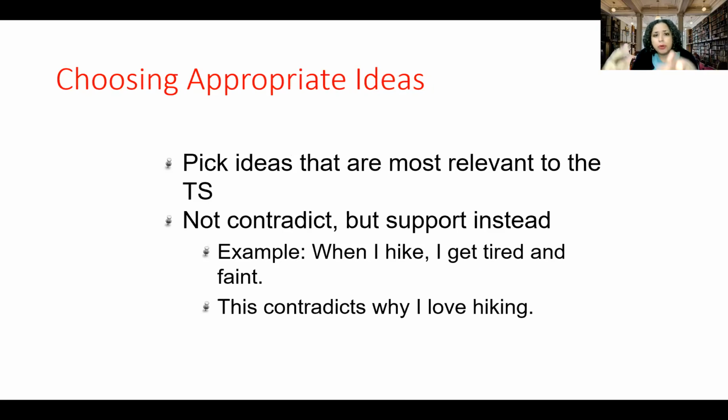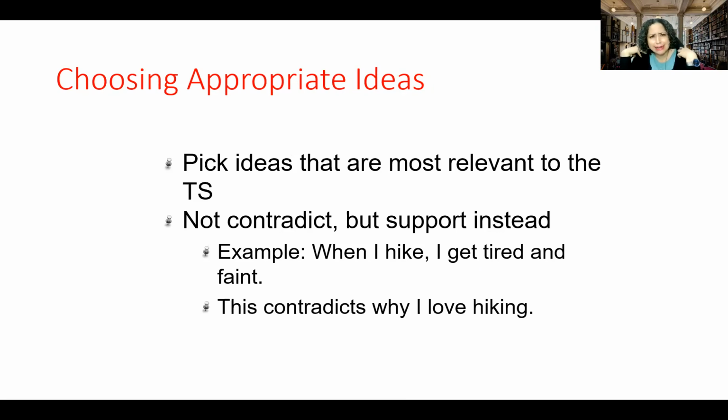And choosing the appropriate ideas is the best way to start and write the correct and the best topic sentence. Pick ideas that are most relevant to your topic sentence and that don't contradict but support instead. For example, the one that is contradicting my love of hiking says, when I hike, I get tired and faint.